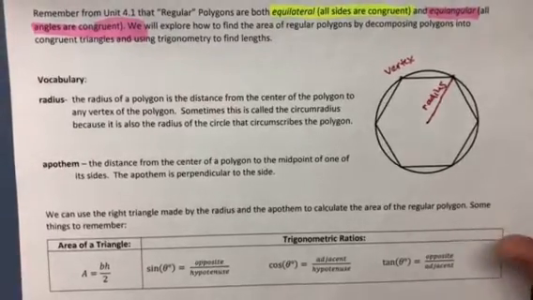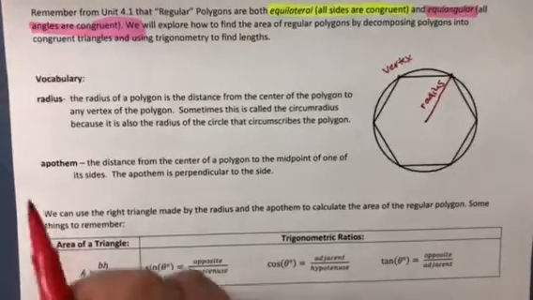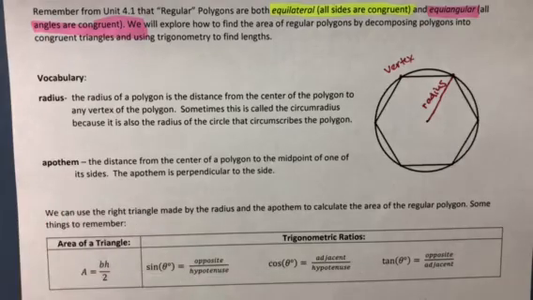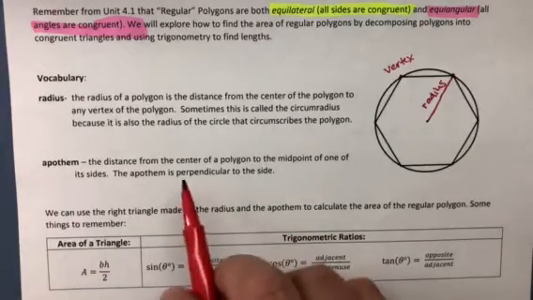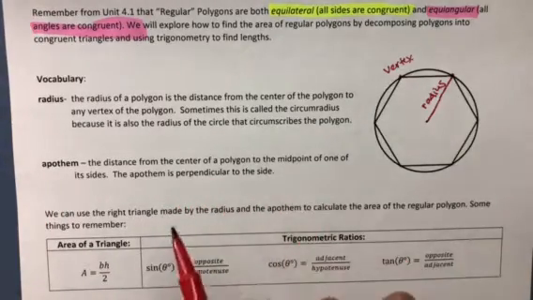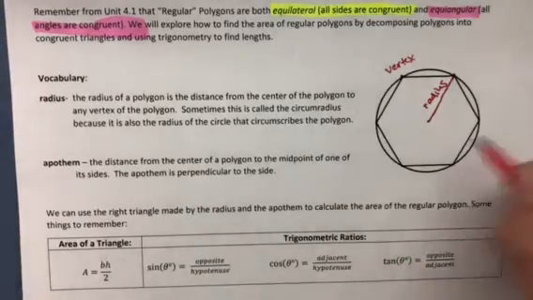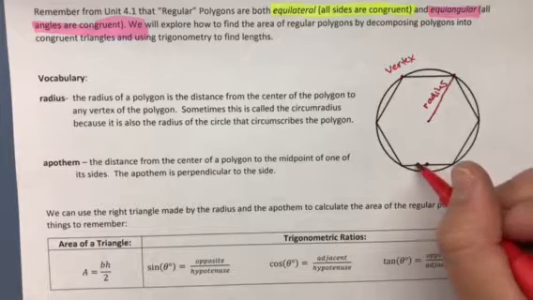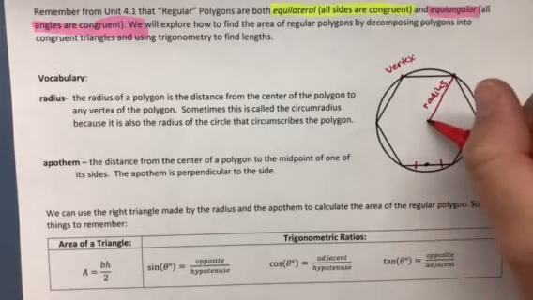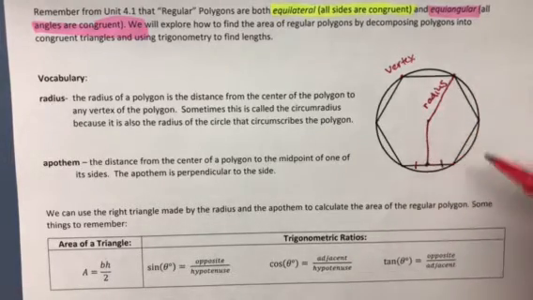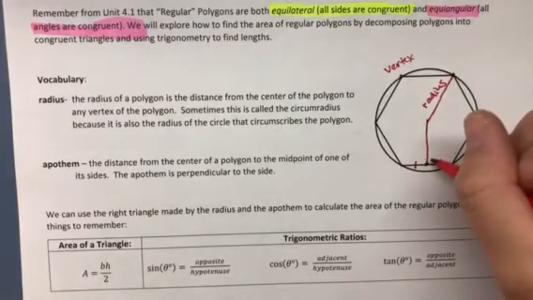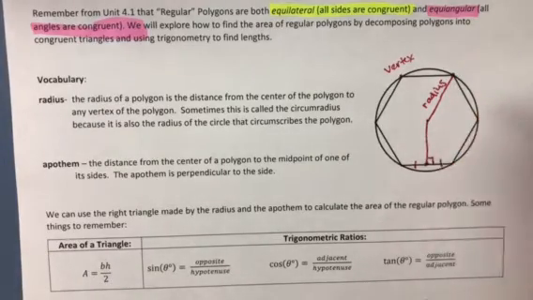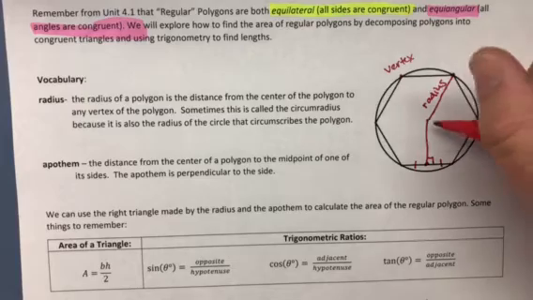The other word that is probably new to you is the word apothem. So the apothem is the distance from the center of a polygon to the midpoint of one of its sides. So if this is the side, let's say this is the midpoint. If I draw the line from the center to the midpoint, that is the apothem, and it makes a right angle.